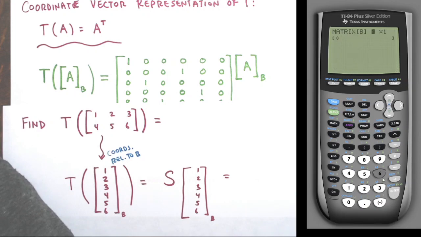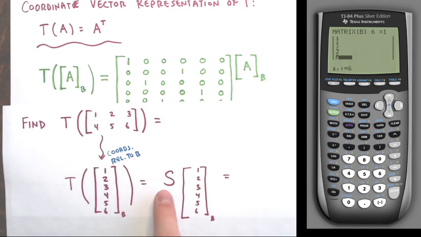The entries are 1, 2, 3, 4. Oh, it messed up on me. Sorry, I'm going to finish this. Okay, so I've got this column vector 1, 2, 3, 4, 5, 6 entered.